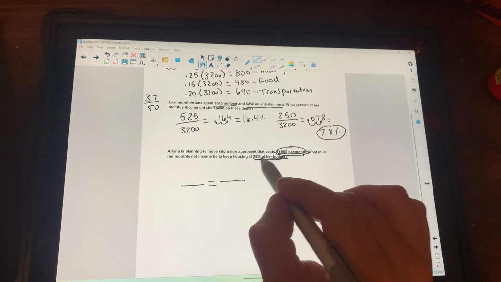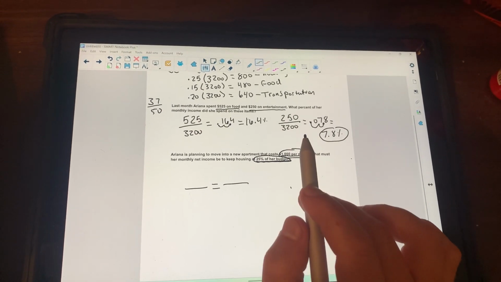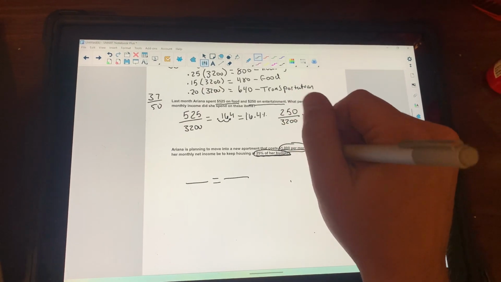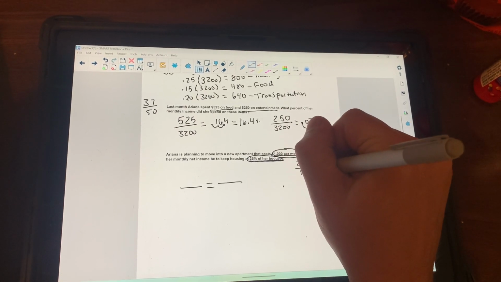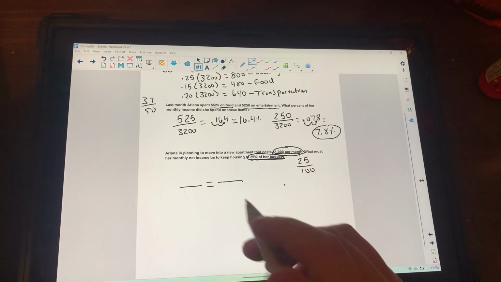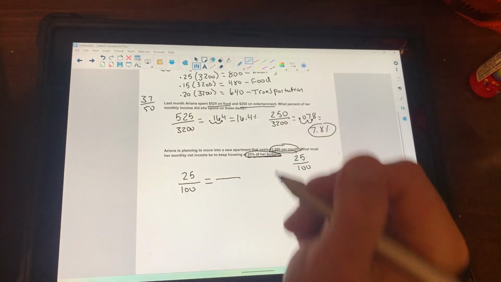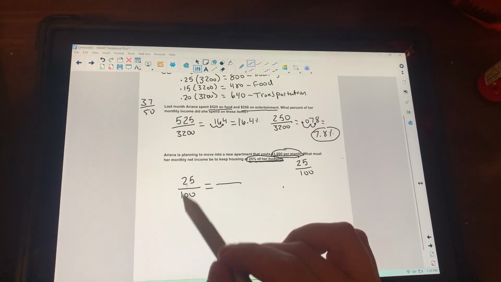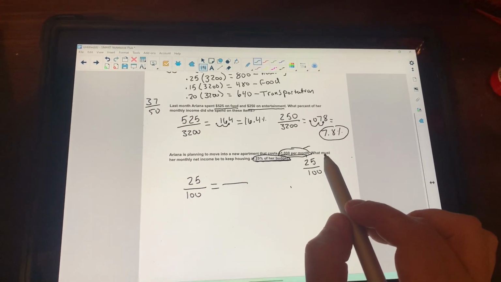I also know 25%, which in a proportion, if I wanted to make 25% into a fraction, it's the number over 100. So the percent is 25 over 100, which is 25%, equals, and now I need to figure out where I want this $1,000 per month to be.